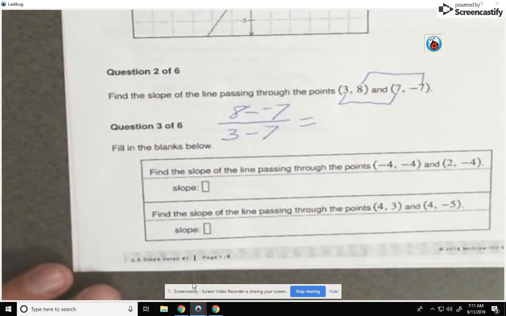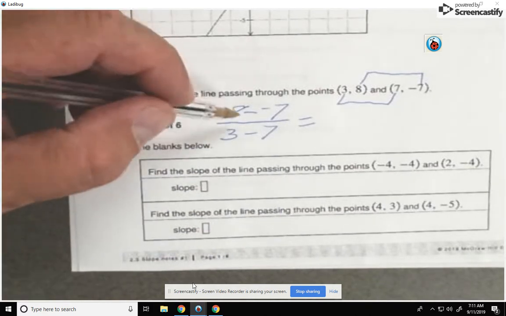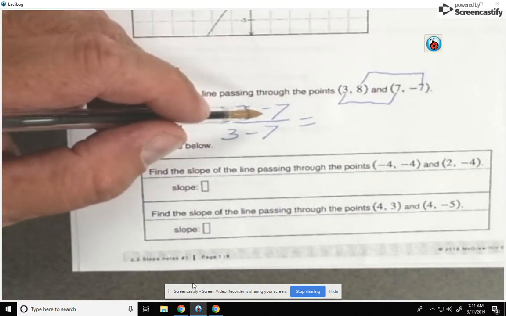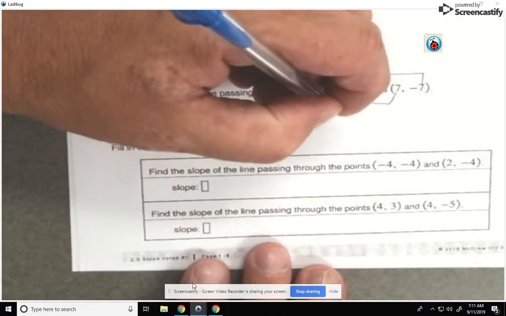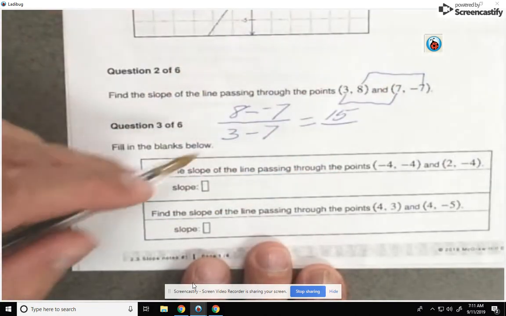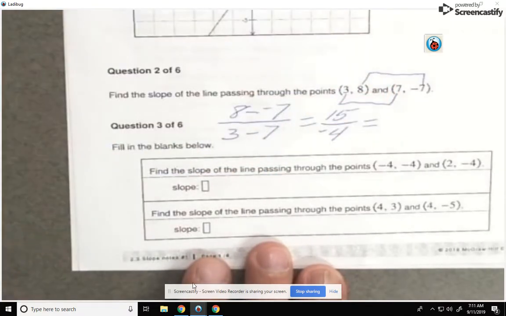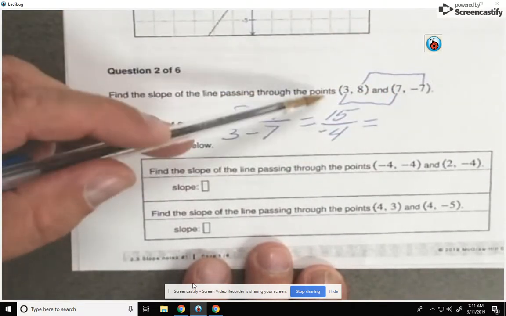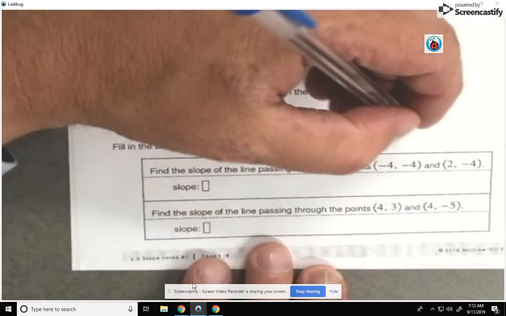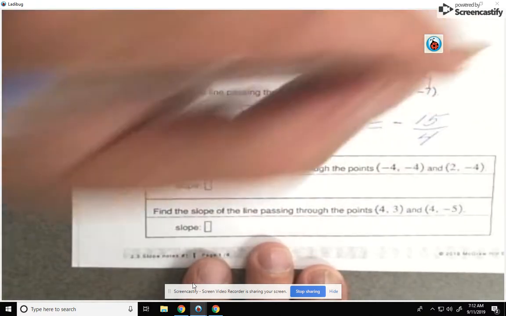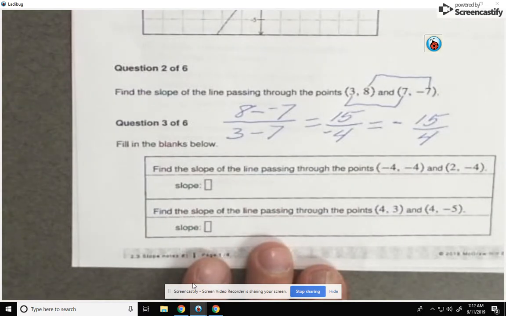So now we just do the basic calculation. 8 minus -7, we know minus is the same thing as plus, so that'll give us 15. 3 minus 7 gives us -4. We see if this will reduce, which it won't, but we don't want to leave the negative on the bottom, so we move it out to the side to get -15 over 4.